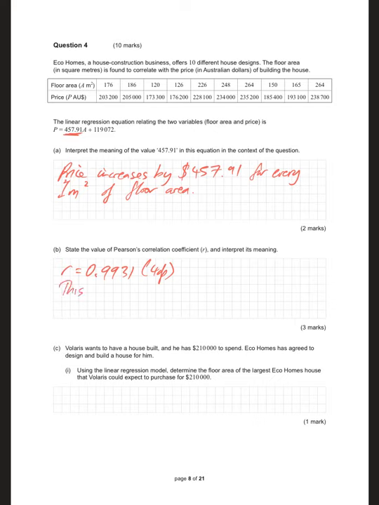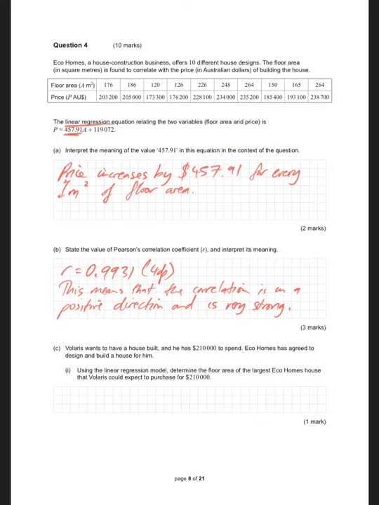This means that the correlation is in a positive direction and is very strong, and you assume it's linear because you were told it was a linear regression.